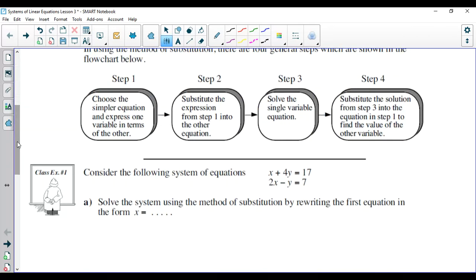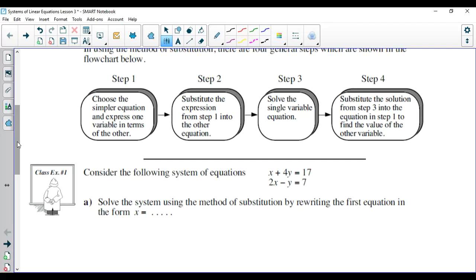Now, what the book does is it identifies a list of general steps we can use to solve a system of equations. Step one, choose a simpler equation and express one variable in terms of the other. Step two, substitute the expression from step one into the other equation.